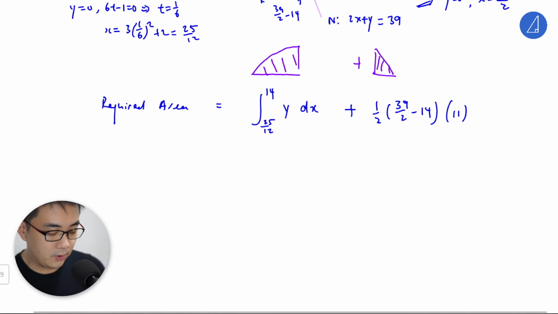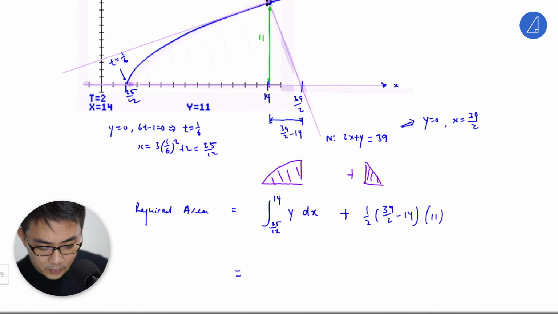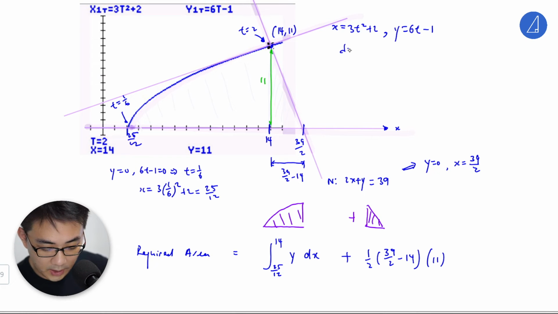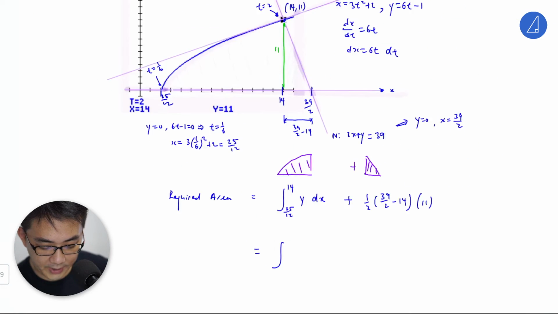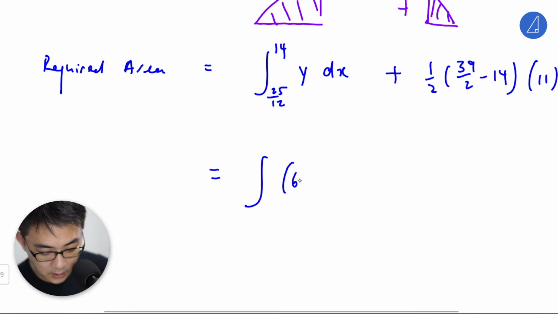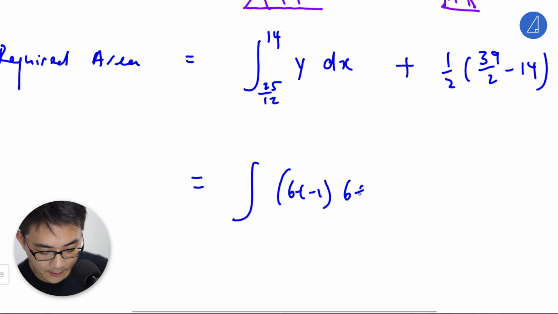But what we need now is to change this to the parametric form, where y is 6t minus 1. So dx/dt is actually 6 as well. So just remember dx is actually 6 dt. So here y is 6t minus 1, and dx would just be 6 dt.